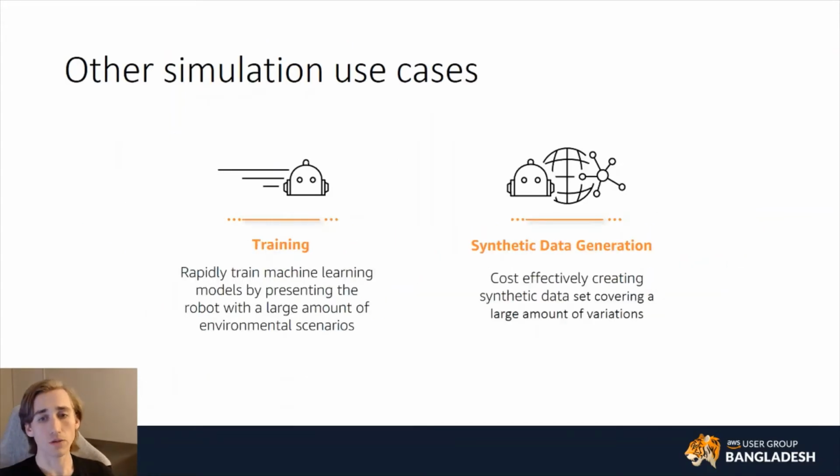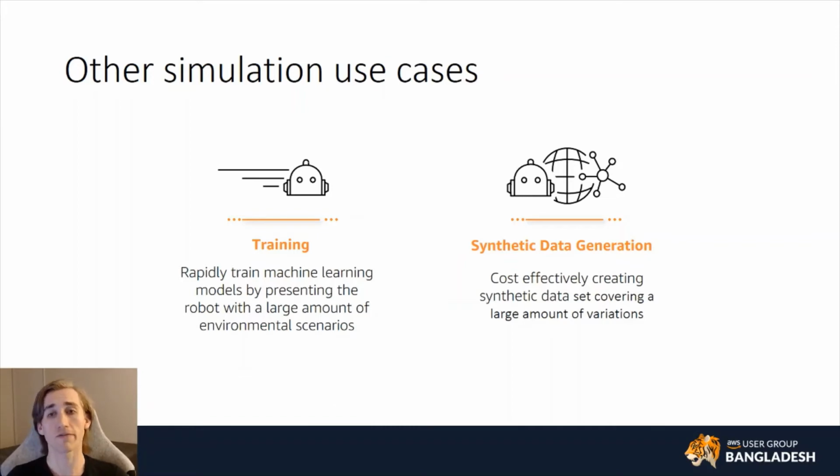And so the two other use cases that we're going to focus on today are the training and synthetic data generation sides. So being able to run these simulations, and they're very similar to real world scenarios, you can use the simulations as a training ground for different machine learning models. As we'll see in the demo, what the robot sees in the simulation is very similar to what it would see in real life.